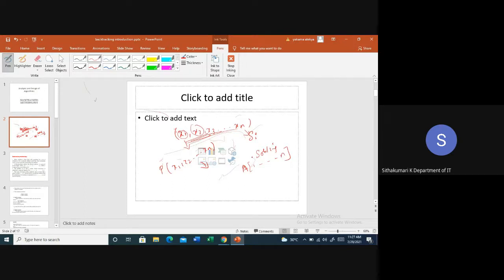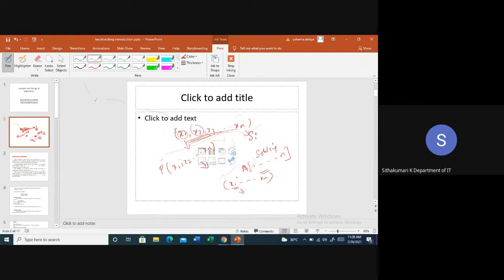The solution vector should be expressed as an n-tuple, and each xi value will give you the index, the position where the element has to be. Because you have n elements in the array A, the solution vector will be x1 up to xn.